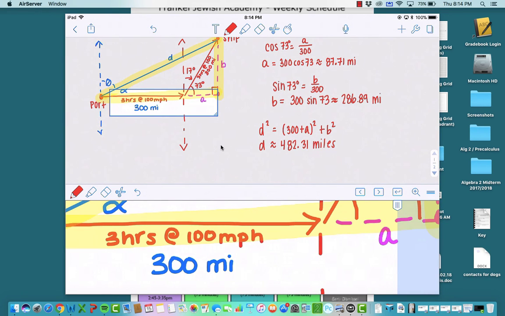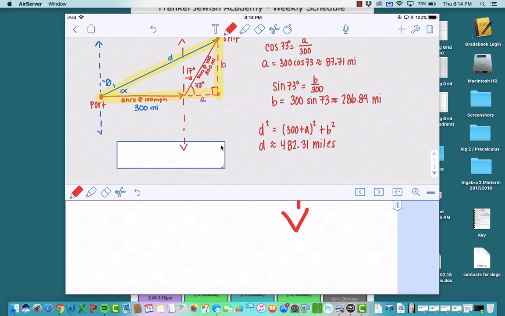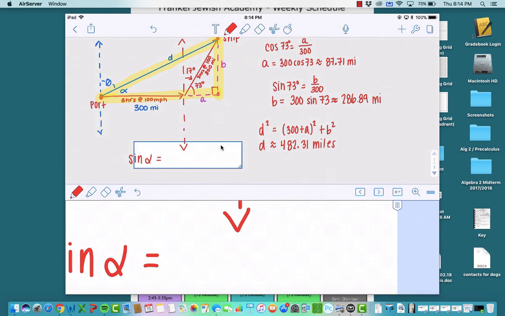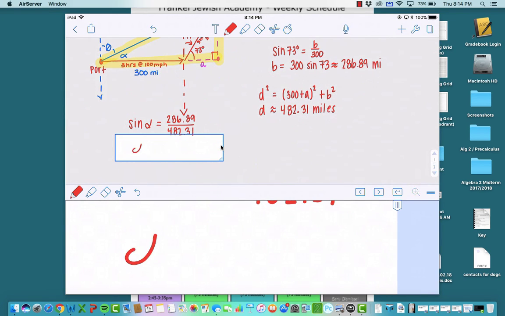I can actually use, never mind, I'm going to use B and D. So the sine of alpha is B, which is 286.89, over D, which is 482.31. To get alpha, we have to use some inverse trig.